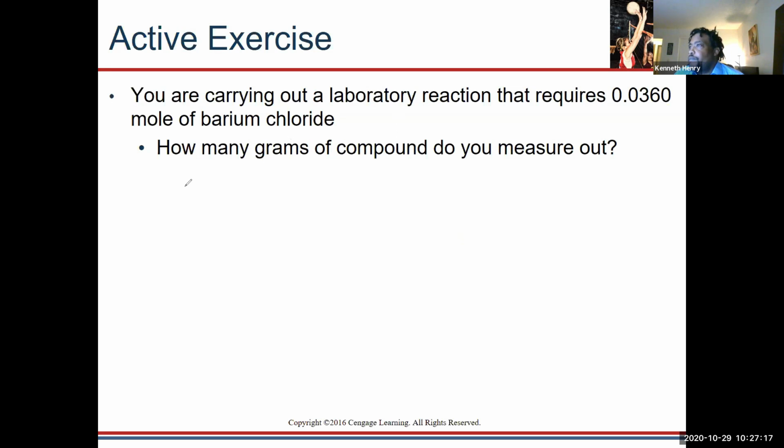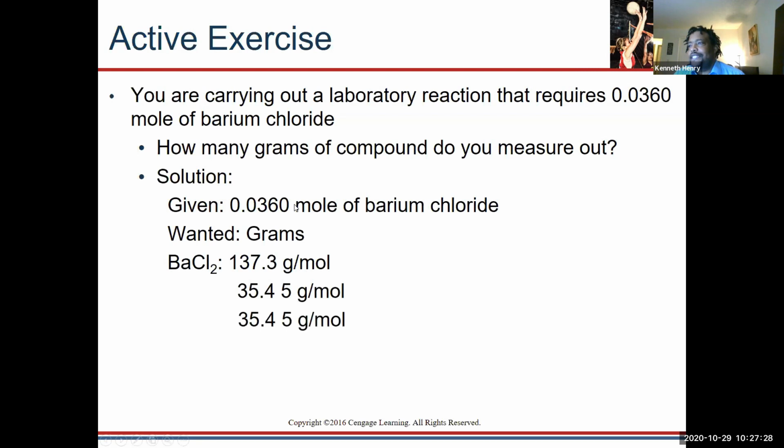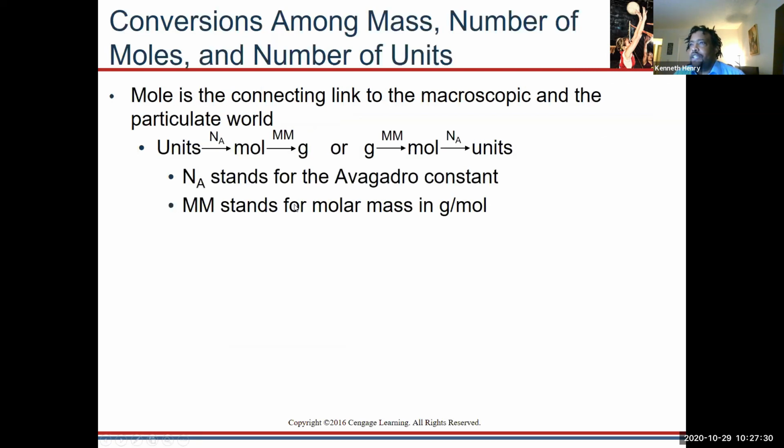Okay, let's see. Actually, we're gonna do another one that's a little more challenging, though. But before we do that, let me give you some hints. If you're given molecules or atoms, you're going to use Avogadro's number to get to the number of moles.